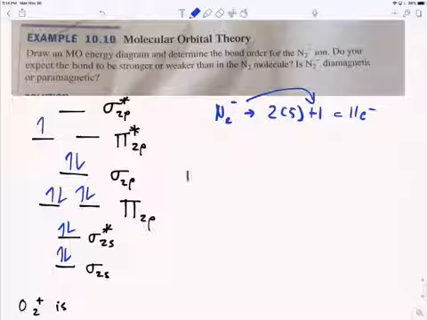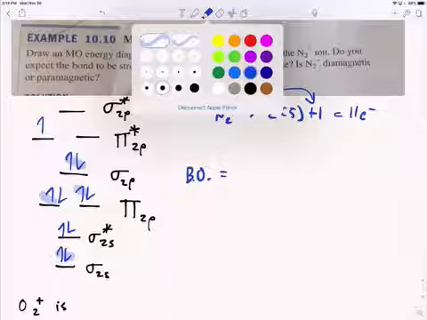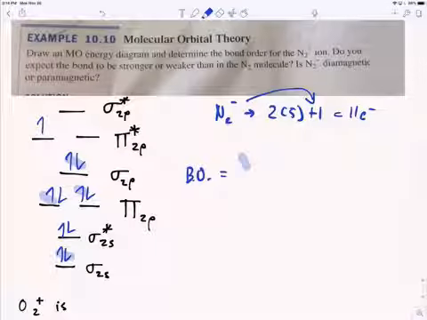And now the bond order is the number of bonding electrons minus anti-bonding, divided by 2. The bonding are here and the anti-bonding are here.